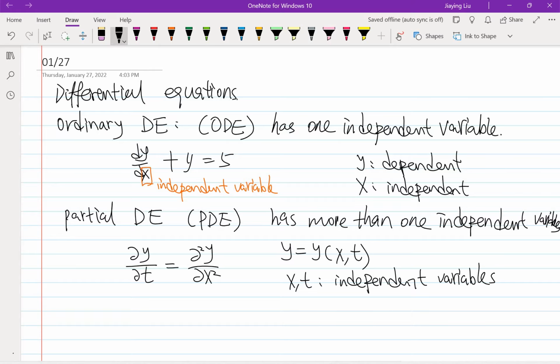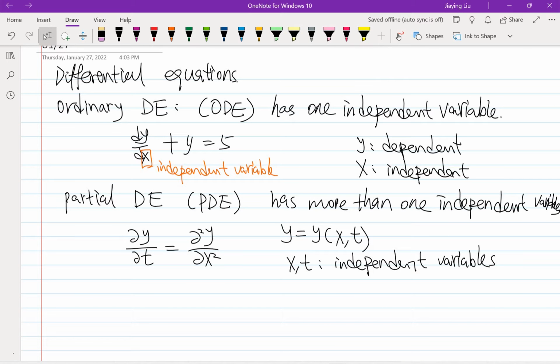In the future, you're probably going to see more complicated PDEs. You might have something simple like dy/dt, but then it might be dy/dx times y, could be d squared y dx dt, and so on. So all of those terms indicate that the y depends on t and also depends on x, right?